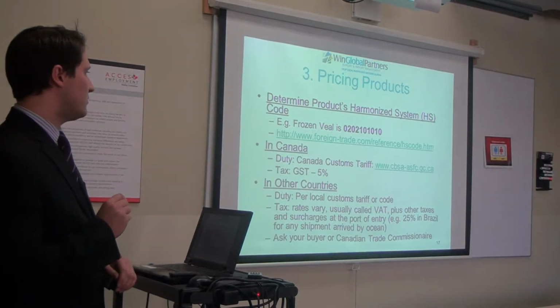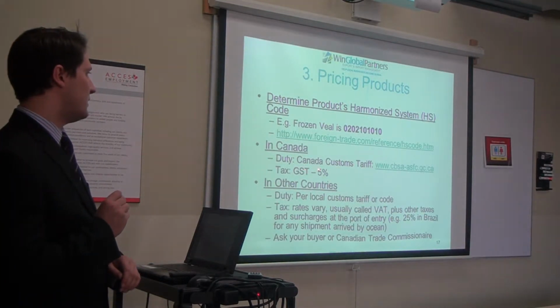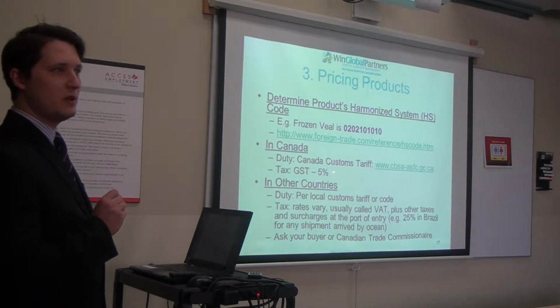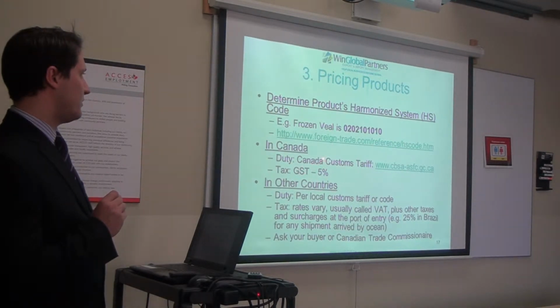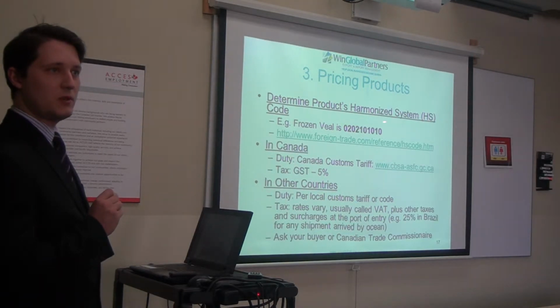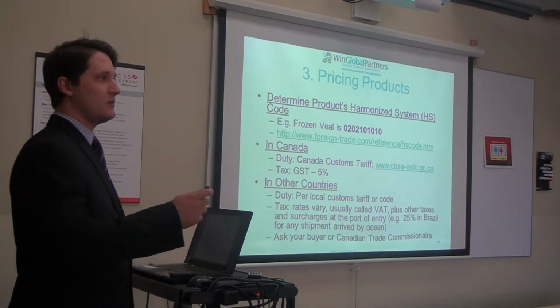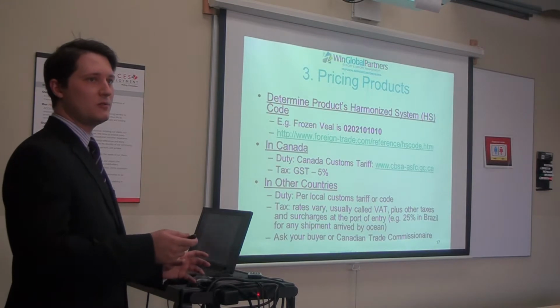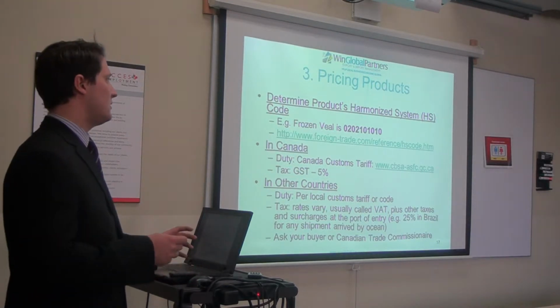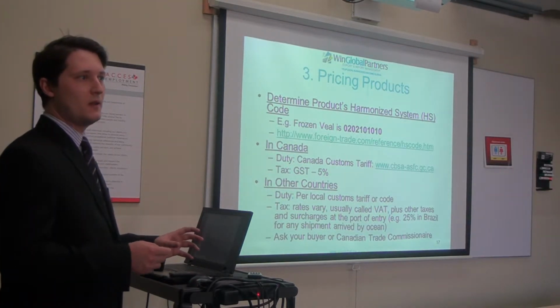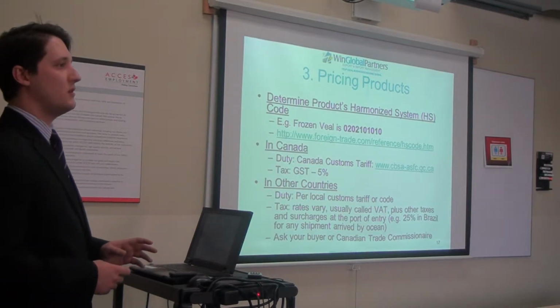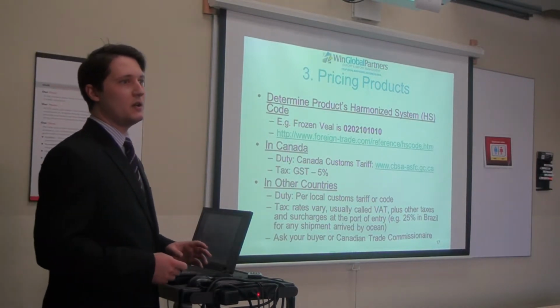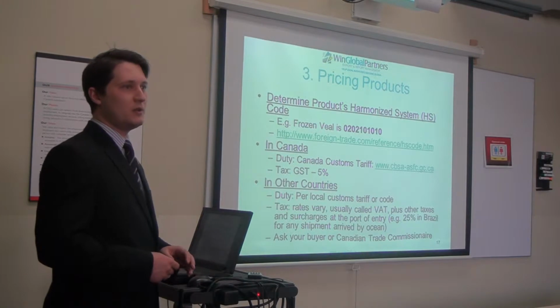So if you import into Canada, Canada has the Canada Customs Tariff. In it, you will find products grouped by these harmonized codes, and in front of the product category and the code, you're going to find the duty rate. The duty rates differ because Canada has trade agreements with many countries.